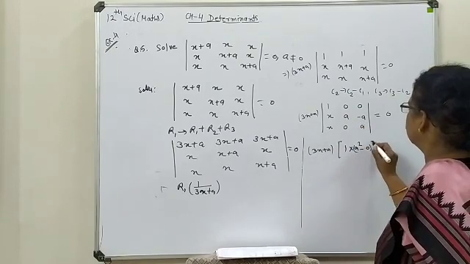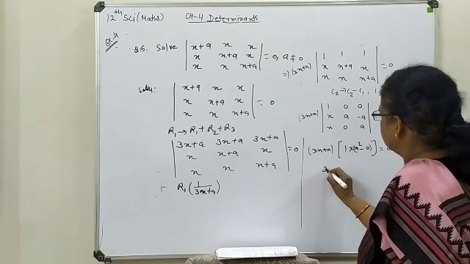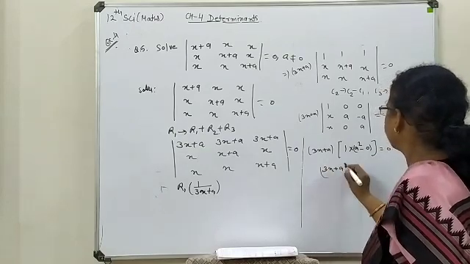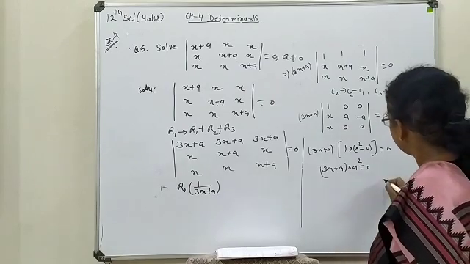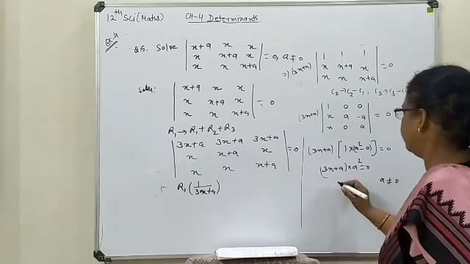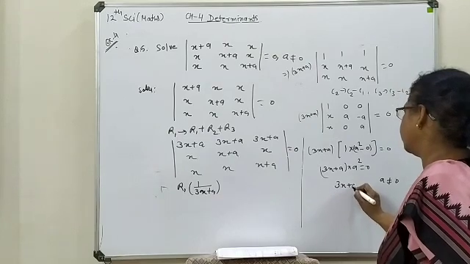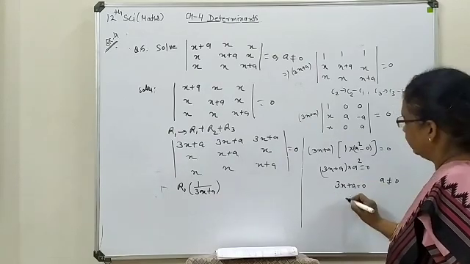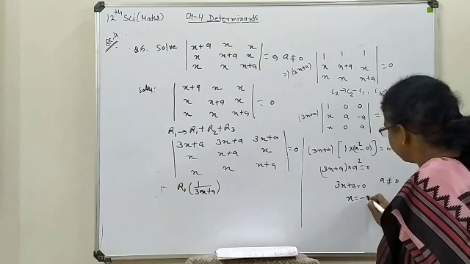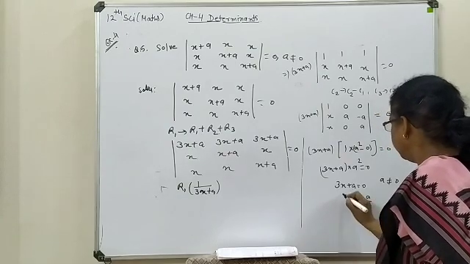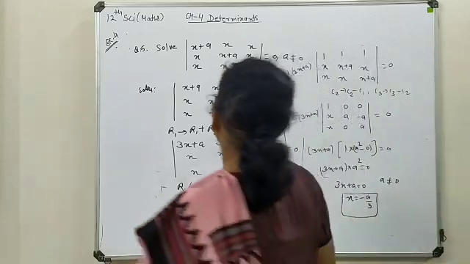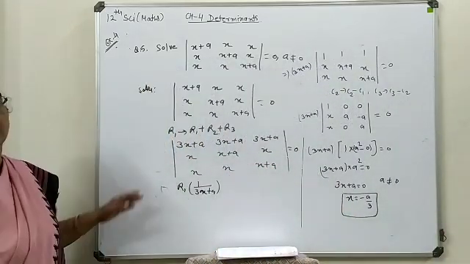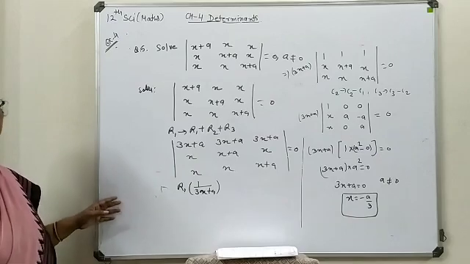Finally it is this much. So 3x plus a into a square will be 0. Now a being a non-zero quantity, 3x plus a will be 0. So x will come out as minus a upon 3. This way the solution can also be written with respect to the determinant form.